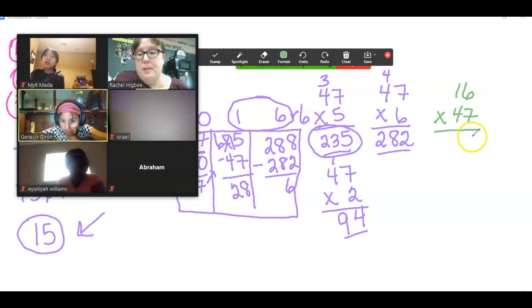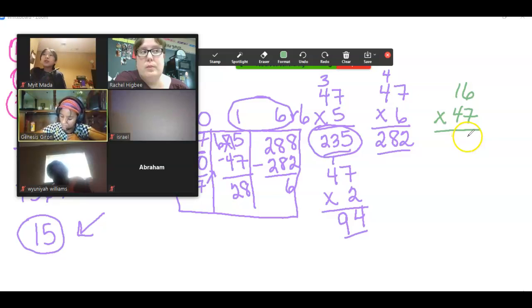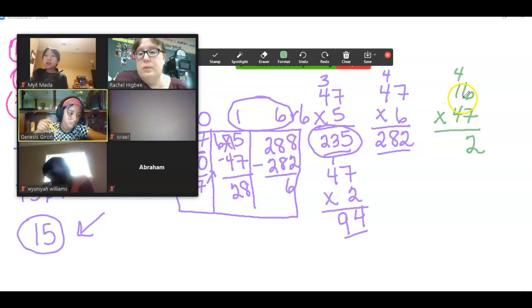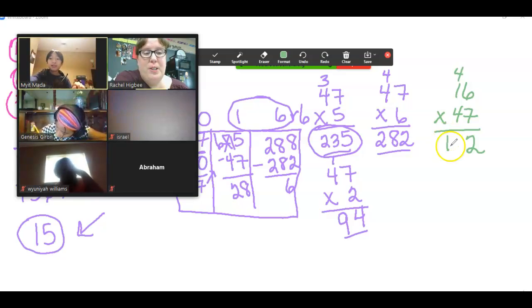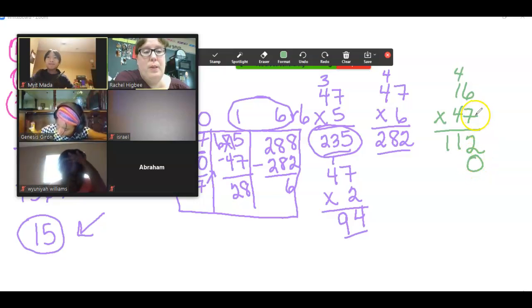7 times 6, it's a hard one, 42, very good. 7 times 1, 7, good, plus 4. So 7 plus 4, 11, good job. All right, so I'm going to go to my next row.